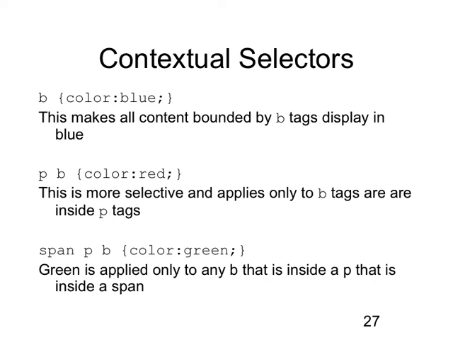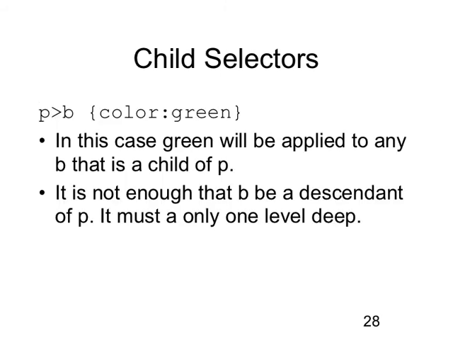So those are contextual selectors, where you can apply a style to something that's inside something else. These get even more complicated. Here we're saying we have P greater than B. And here what we're saying is that this is applied to a B tag that's inside in a P tag, but only if it's a direct child of the P tag.